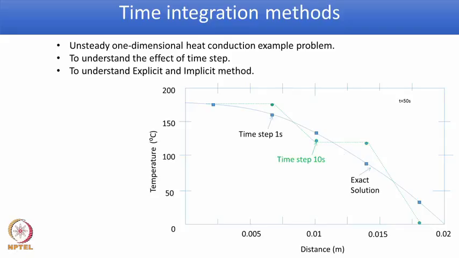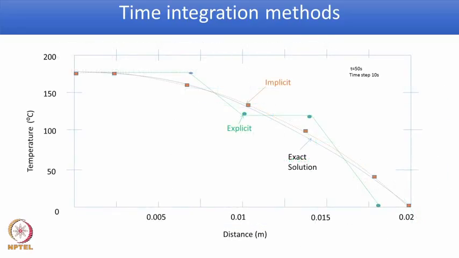So, in the next plot for the same problem, if you incorporate an implicit scheme, you see the performance for the same final time of 50 seconds and the same delta t of 10 seconds.